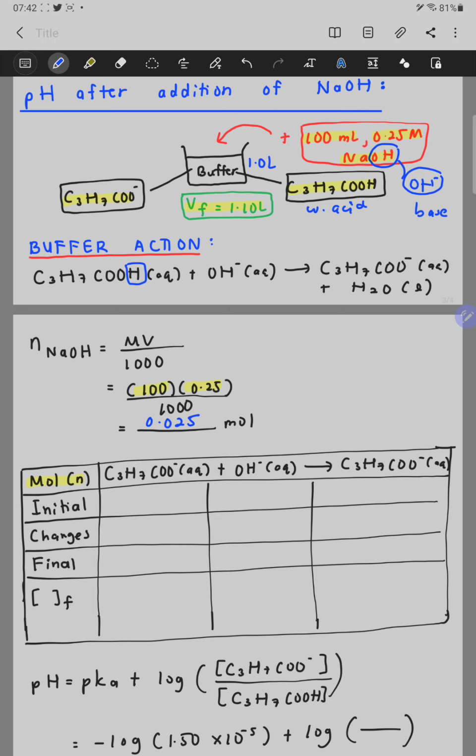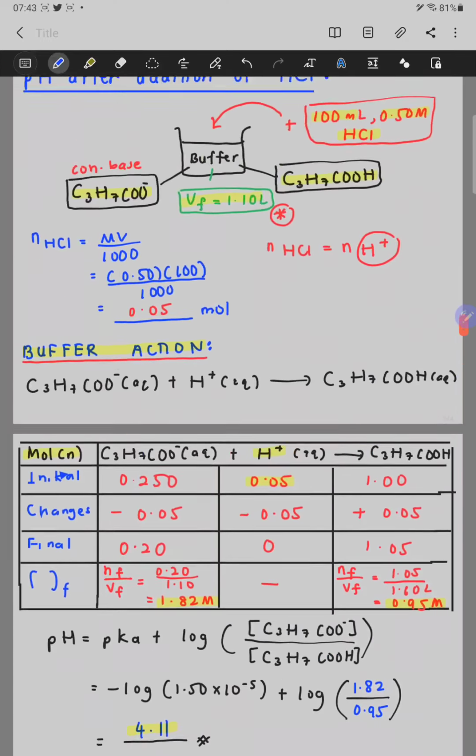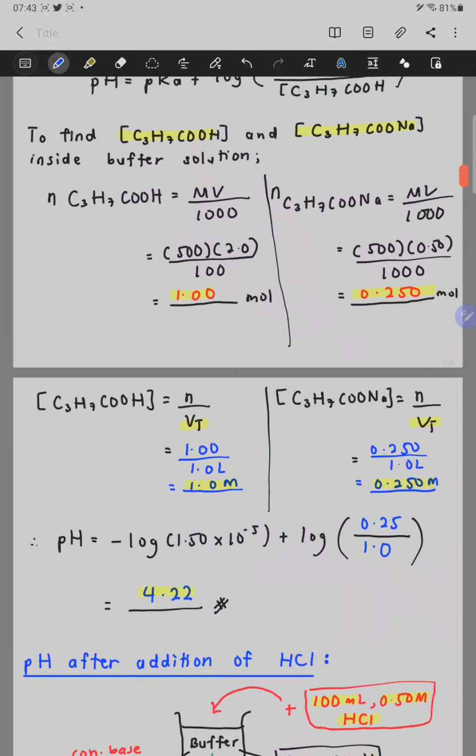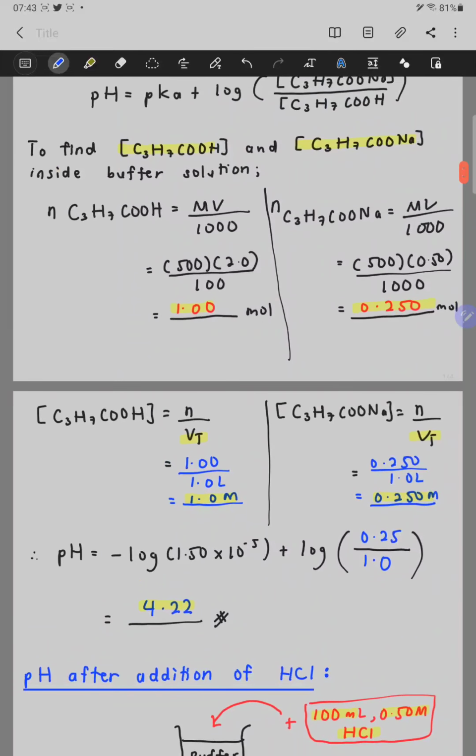So remember, the number of mole of conjugate base dalam buffer initially adalah 1 mole. Okay, mana teacher dapat 1 mole? Teacher scroll balik. Yang ni awal-awal tadi masa korang kira. Okay, concentration of conjugate base adalah 0.1 mole. Okay, sekejap, betul tak?